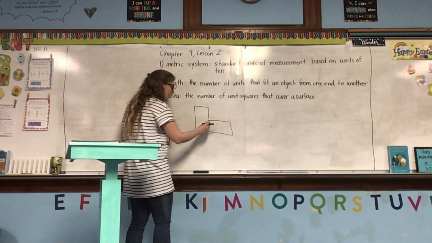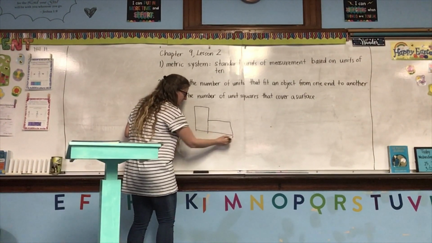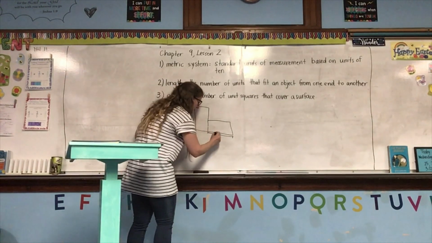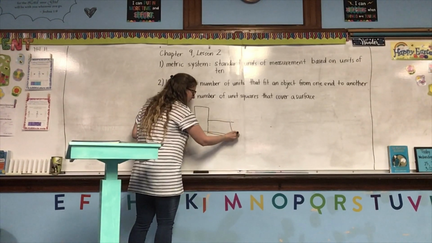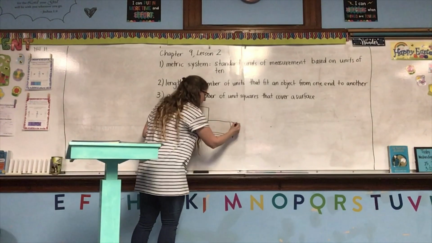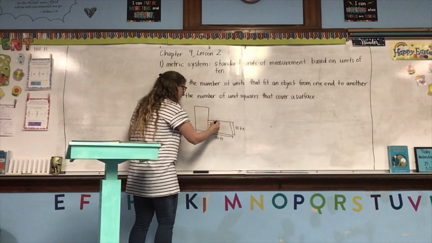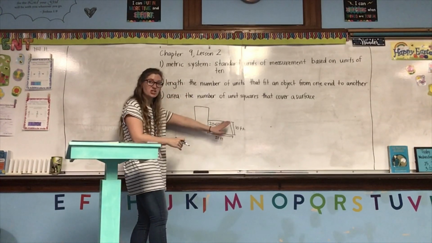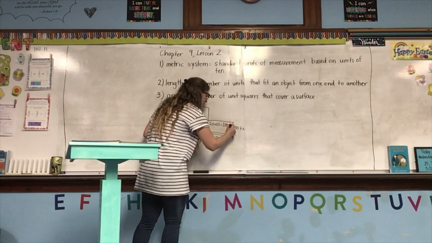So now we can take the length of this, so from here to here, we'll say it's 20 feet. And then from here to here, we'll say is 10 feet. That means 20 times 10, the area of just this piece is 200 feet squared.